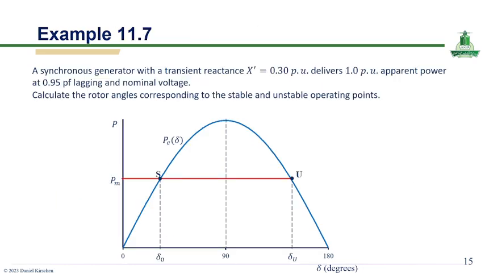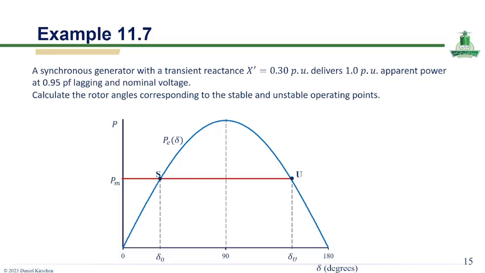Okay, this slide illustrates the power angle relationship of a synchronous generator under transient conditions. The electrical output power PE with the delta varies sinusoidally with the rotor angle delta, while the mechanical input power PM is constant. The intersection points of these two curves define the operating conditions.